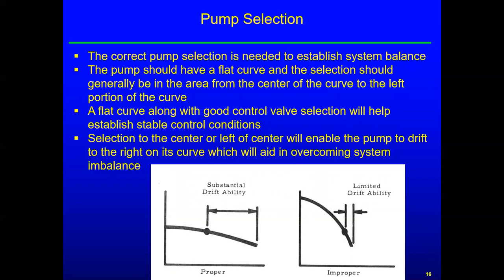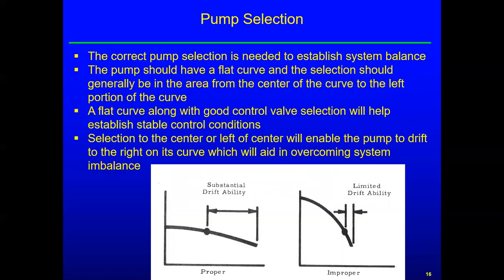Flat curve along with good control valve selection helps to establish a stable control. Selection to the center left will enable the pump to drift to the right on its curve, which will aid in overcoming system imbalance.